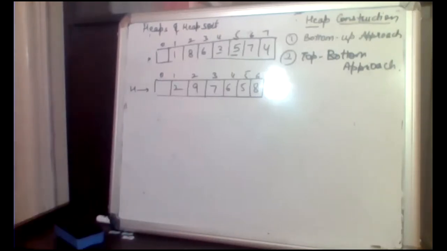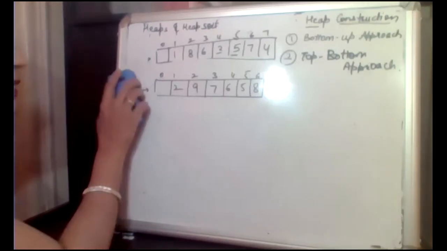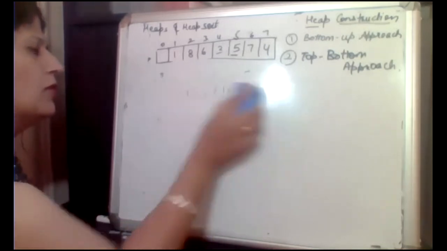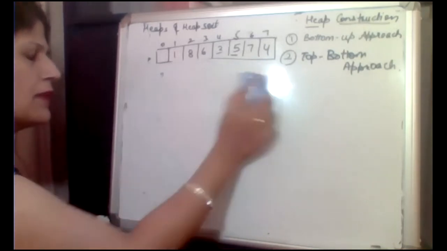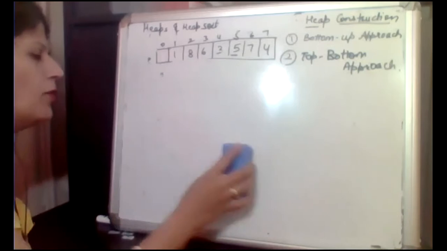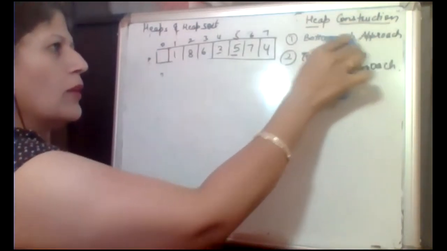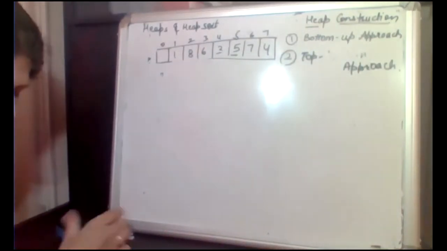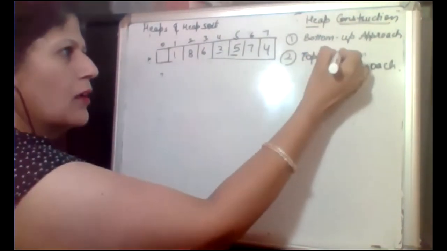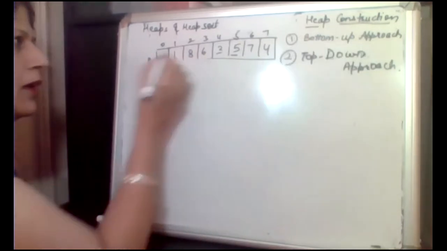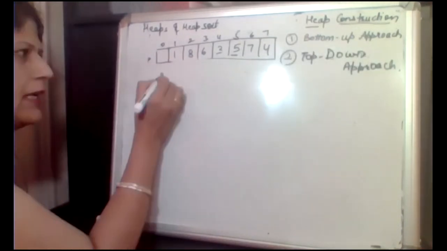Okay, so this is the example that we took yesterday, which has 1, 8, 6, 3, 5, 7, 4. If you have to construct a heap using the top-down approach, you will first have the element 1.